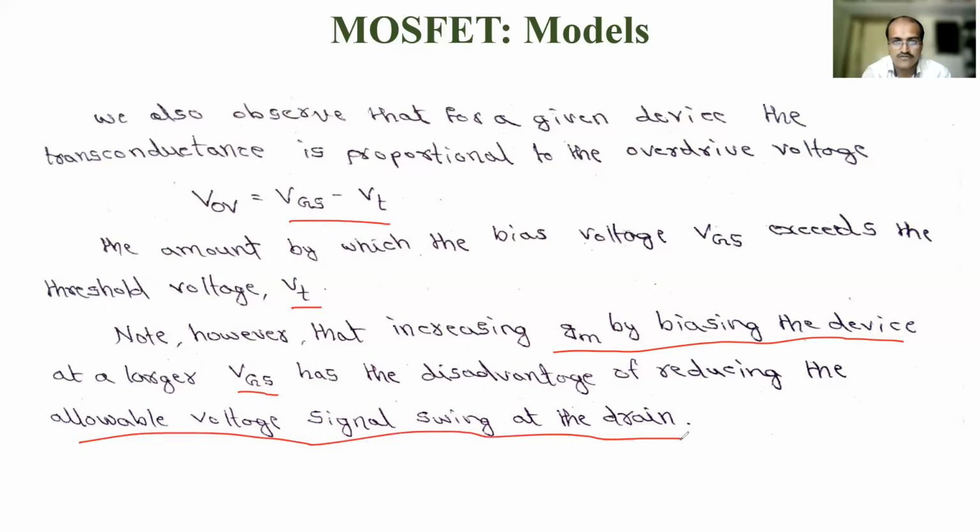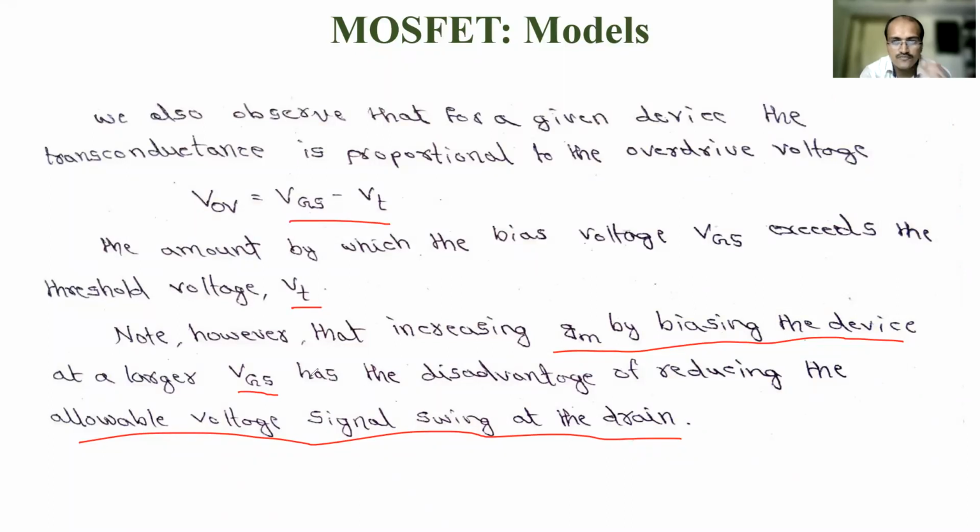Chances of clipping off of the waveform will happen, like noise breaking up when you are speaking at the auditorium. At the speaker side you will not hear some words. The first two words you will hear, then the next ones are skipped off. Such things will happen if you try to bias the device at a larger VGS.